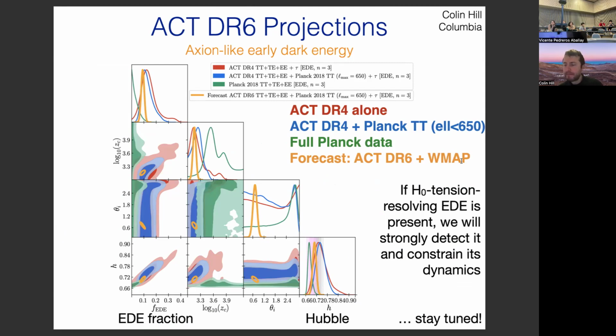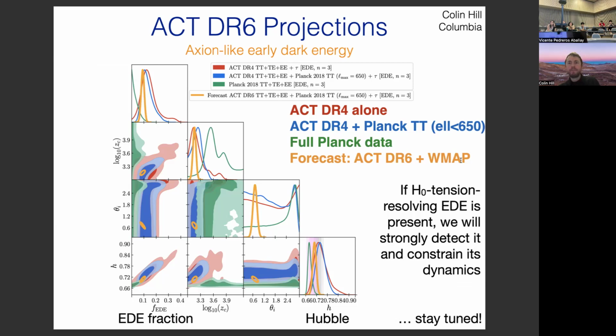And the full Planck data, which I guess is until 1,500, gives you this standard result. What happens if you would take Planck data to higher L and do the appropriate analysis considering the redundancy in data?